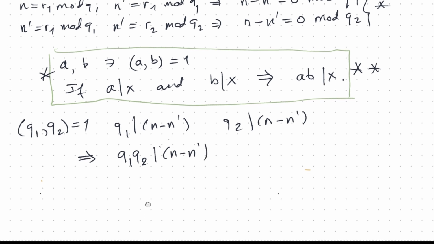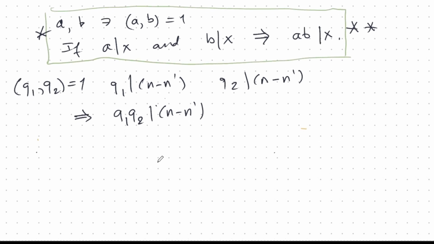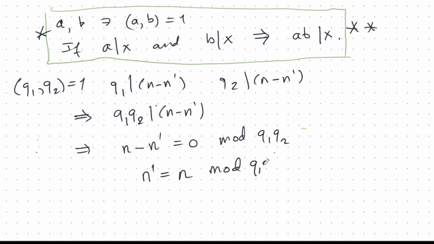Well, that's very good, because that means that q1 q2 is a factor of n minus n prime, and if I write this in terms of modular arithmetic, I have n minus n prime is congruent to 0 mod q1 times q2, or another way, n prime is congruent to n mod q1 times q2.